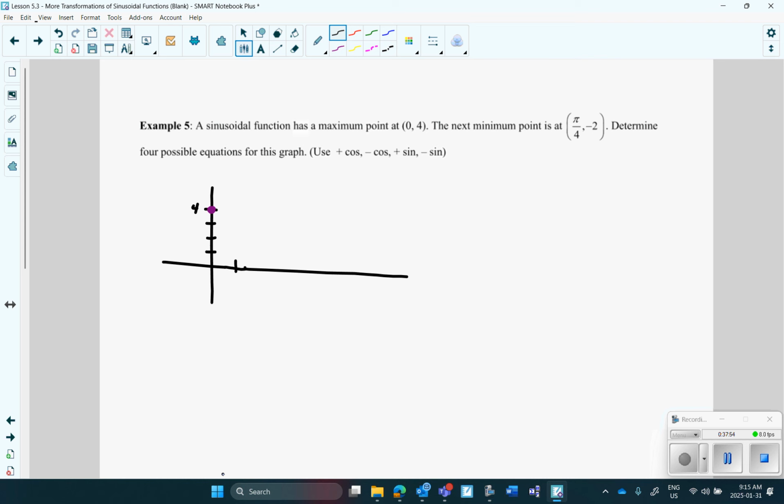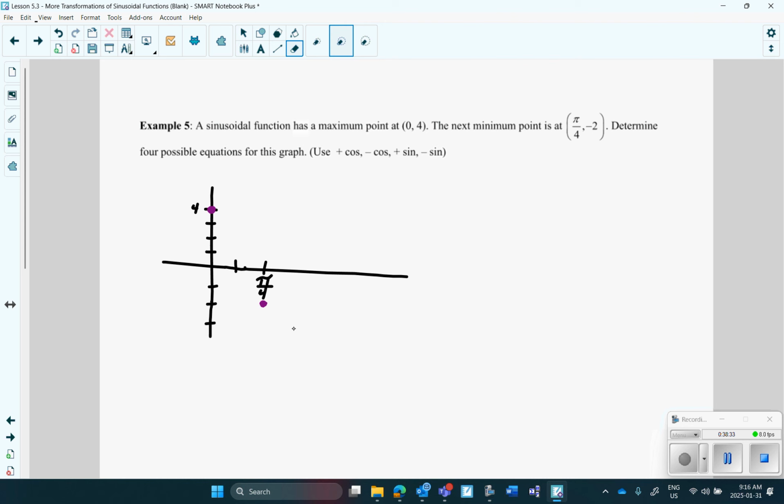It's the second notch that goes to the minimum. So this one is pi over 4, because the notch after the midline goes there.